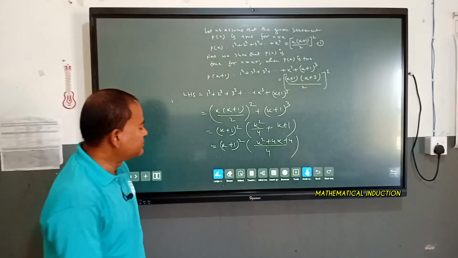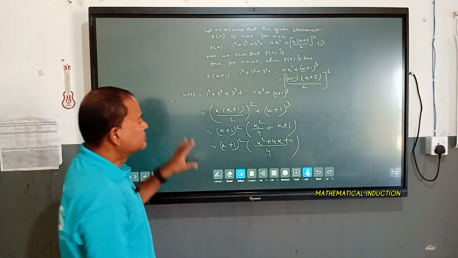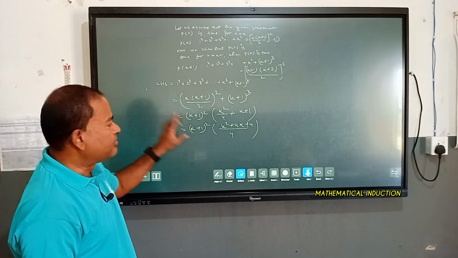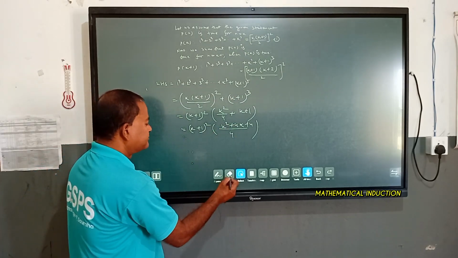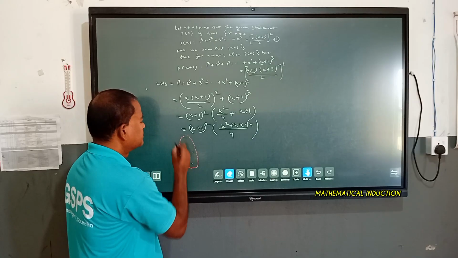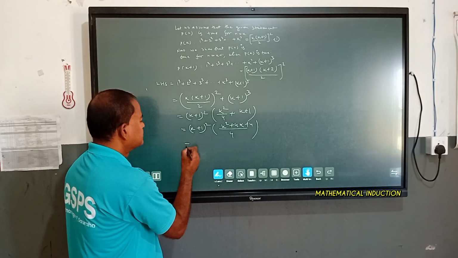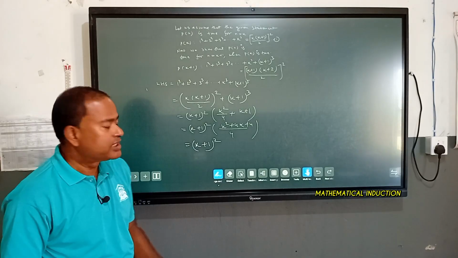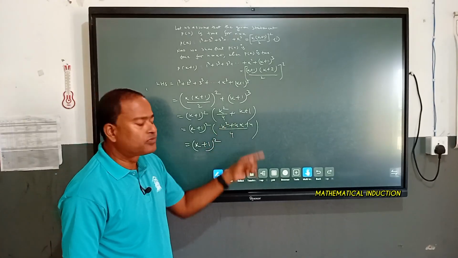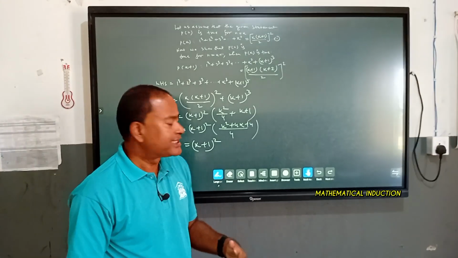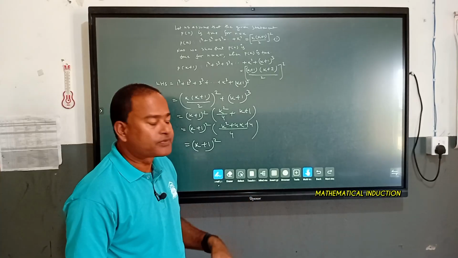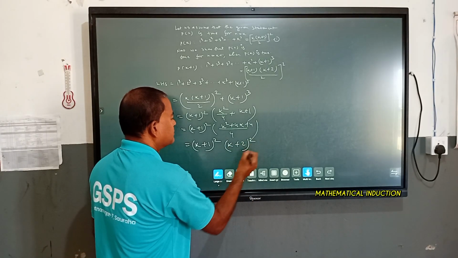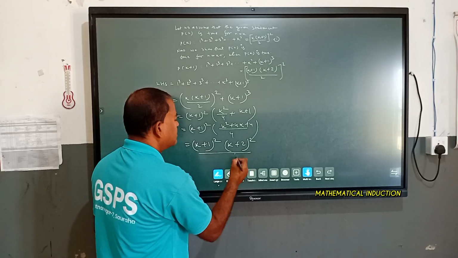So dear students, now let us do the simplification of this expression. (k+1) whole square as it is, k square plus 4k plus 4, we can write this as (k+2) whole square divided by 4.